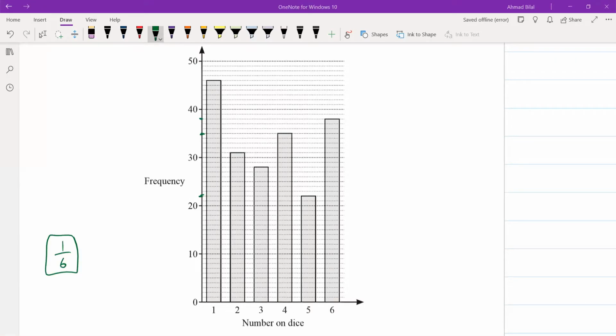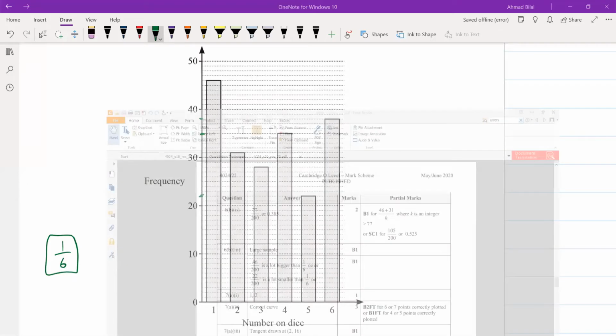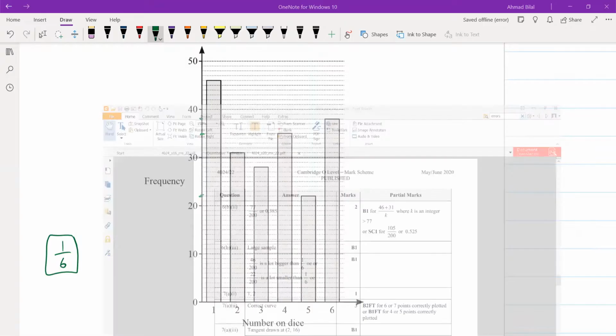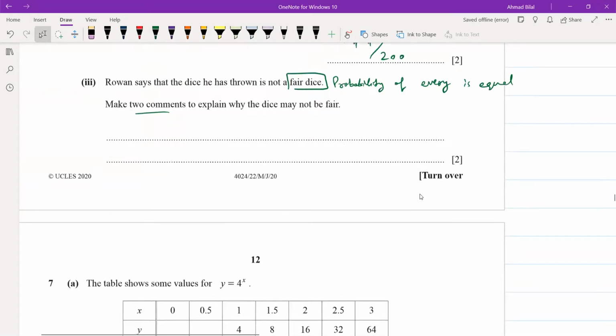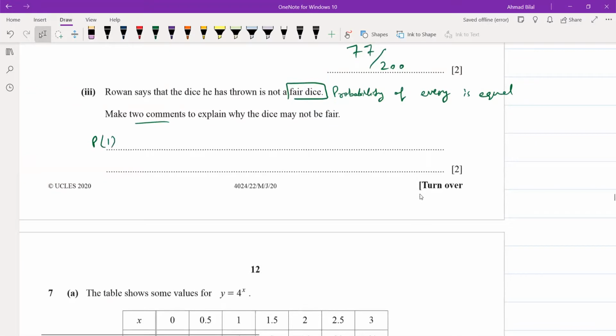Ideally सारे numbers की probability जो है वो 1 over 6 होनी चाहिए थी. ठीक है. अब यहाँ पे क्या है? हम for example अगर 1 को देखें. 1 की probability क्या है? So probability of 1 is equal to 46 over 200.